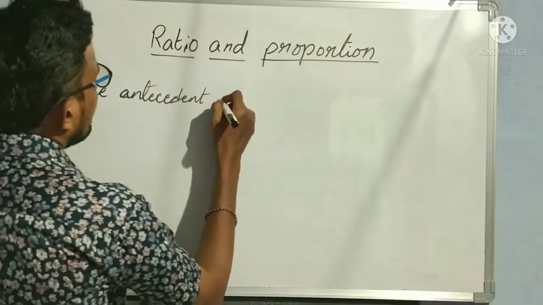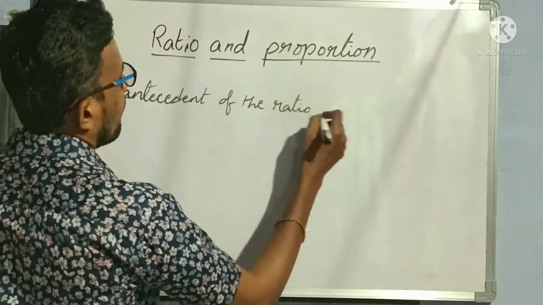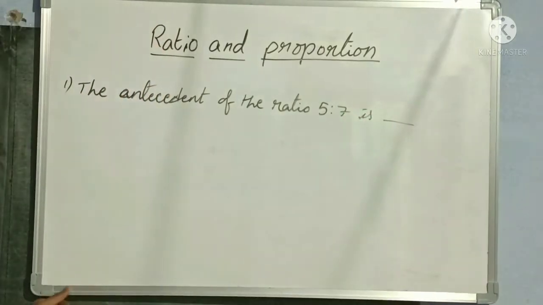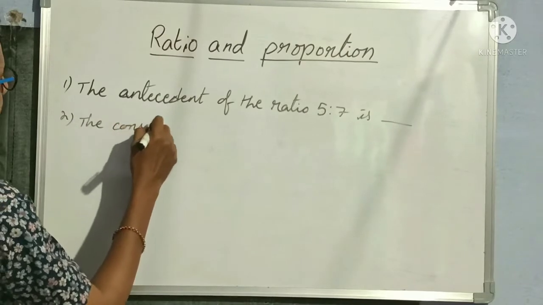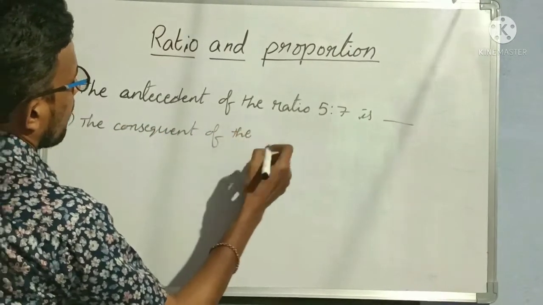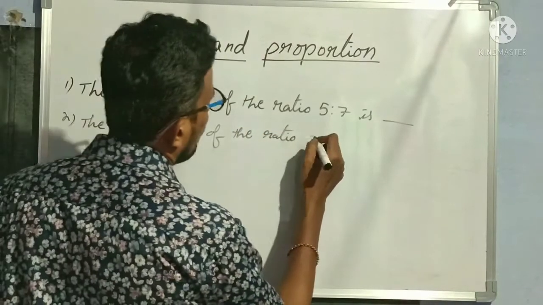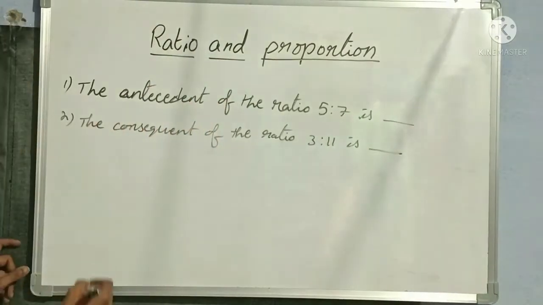The antecedent of the ratio 5:7 is dash. Second, the consequent of the ratio 3:11 is dash.